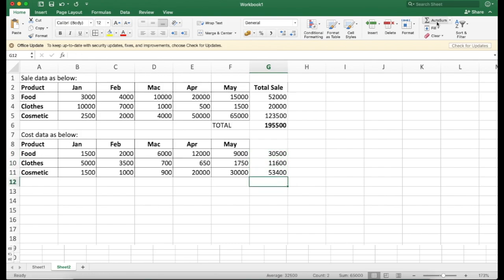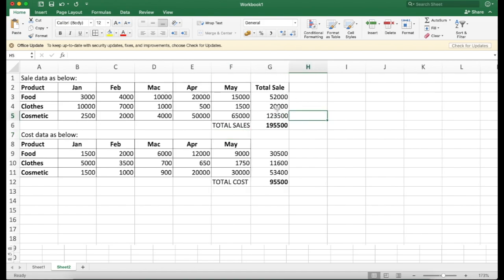Alright, just copy and paste and then use the formulas. So this one is total cost. This one is total sales. Alright. So now we need to change to RM.